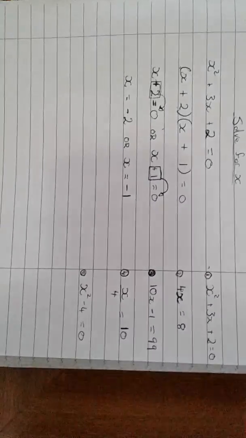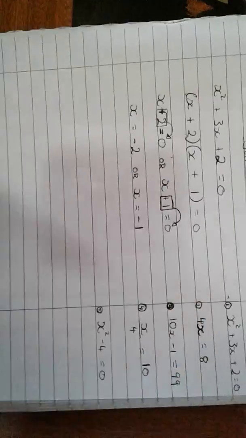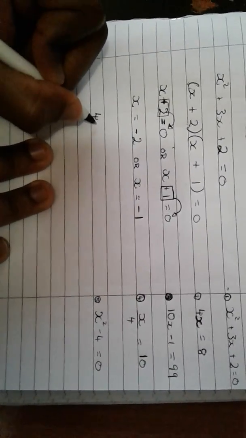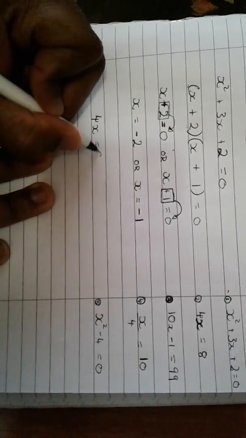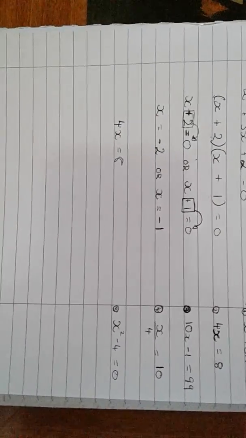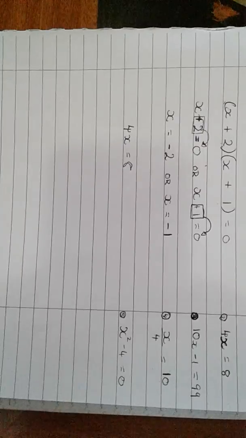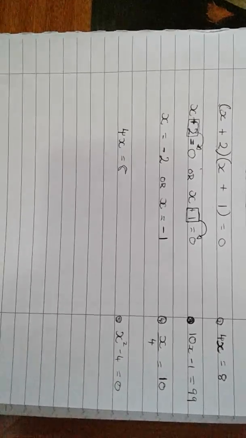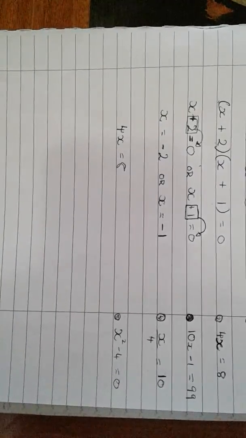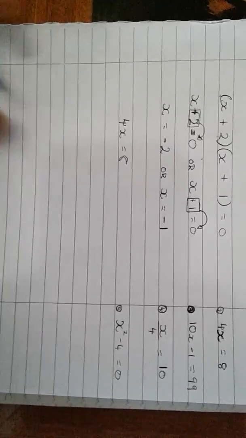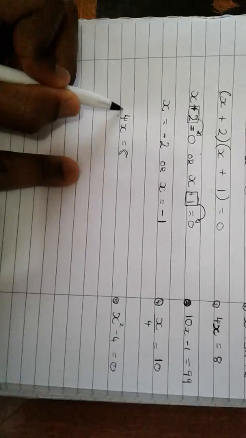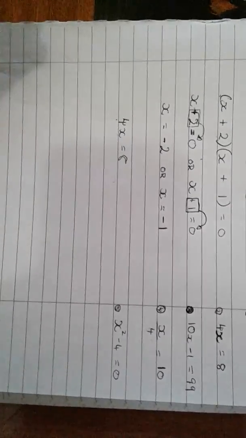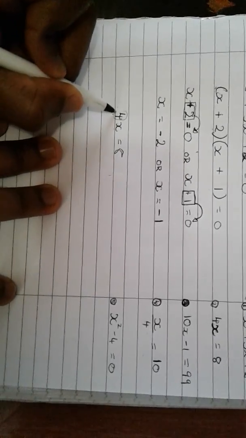Got it? Good. Now let's take the second one. 4x is equal to 8. Now remember, we always want to remain with 1x on one side. So that's our mission. In this instance, if you have a number here, whether it's a 4, 8, 12, 100, a million, you divide by whatever is here.